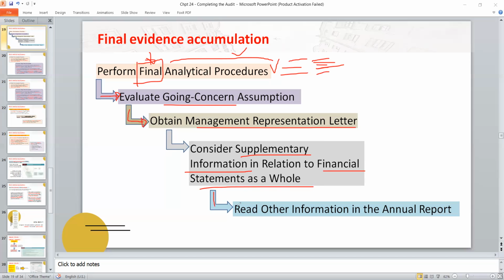And of course, you need to read the other information in the annual report, because in the annual report there is so much information besides the financial numbers, such as performance and qualitative information, and that information can affect the opinion of the audit report. So let's see one by one.